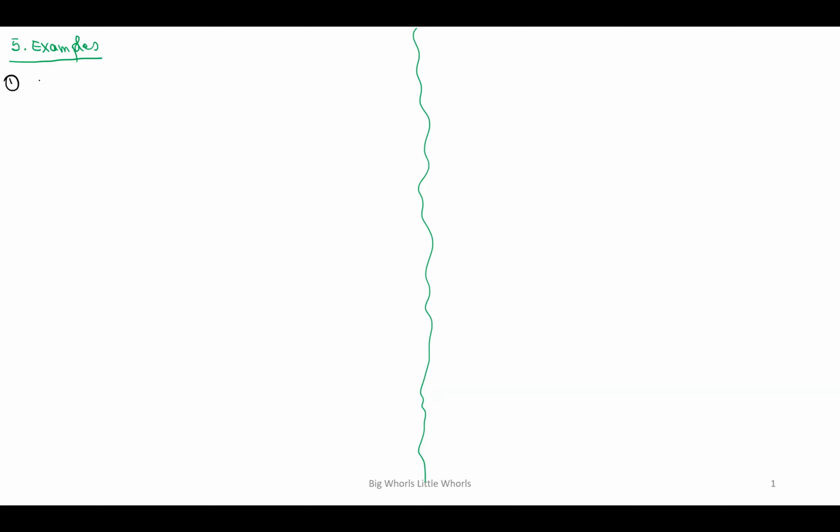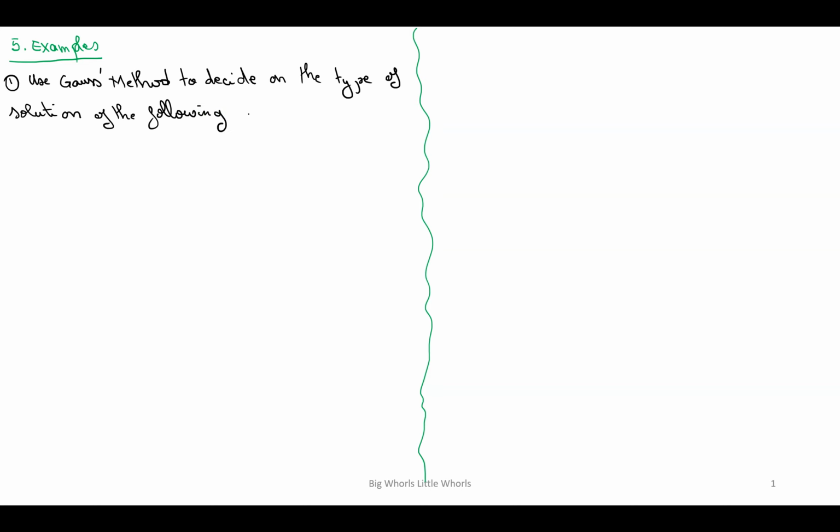The question says the following. Use Gauss's method to decide on the type of solution of the following system.